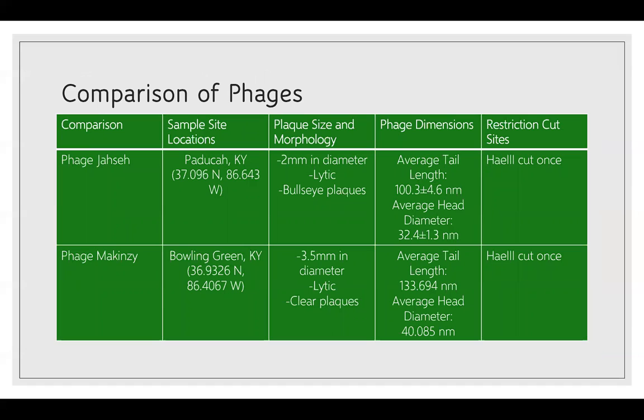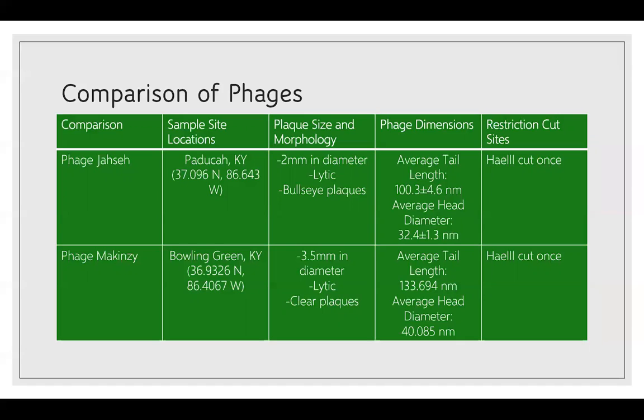As you can see here, we did a pretty in-depth analysis of the comparison between the two phages. And so phage Jahseh was collected in Paducah, Kentucky through a soil sample, and phage Makinzy was collected in Bowling Green, Kentucky. And while phage Jahseh had a 2 millimeter plaque diameter, phage Makinzy had a 3.5 millimeter diameter, and both phages were found to be lytic.